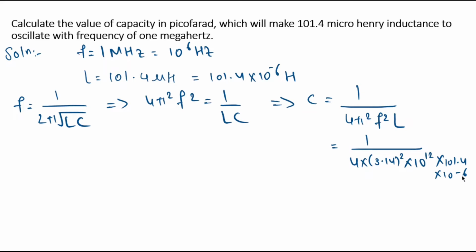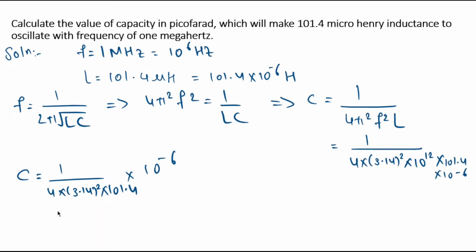Now 10 raised to 12 into 10 raised to minus 6 will give you 10 raised to 6, and when this 10 raised to 6 goes up, it will be 10 raised to minus 6. So we can say that C is equal to 1 upon 4 into 3.14 square into 101.4 into 10 raised to minus 6.